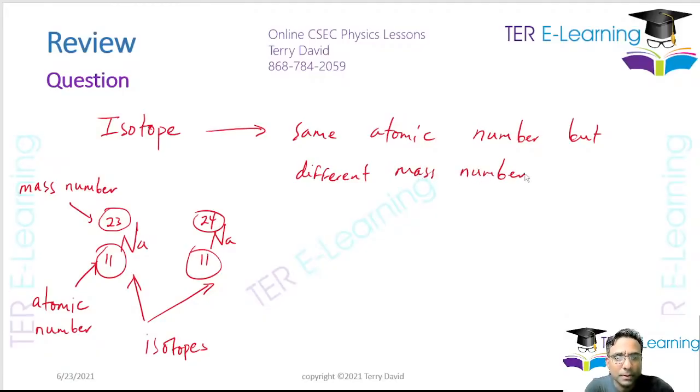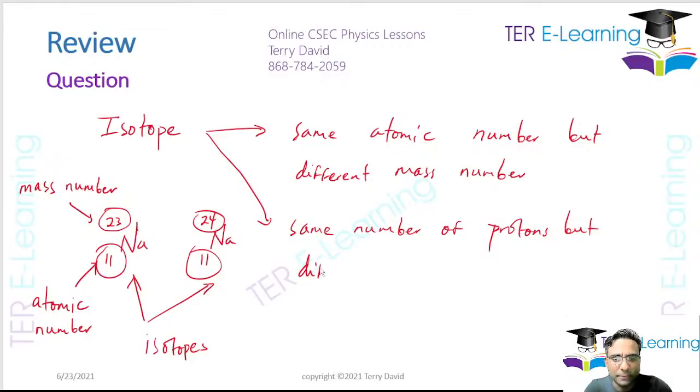Another way you can give this definition is you can say the same number of protons but different number of neutrons. This is another way you can state your definition. The preferred one is actually this one here: same number of protons but different number of neutrons.